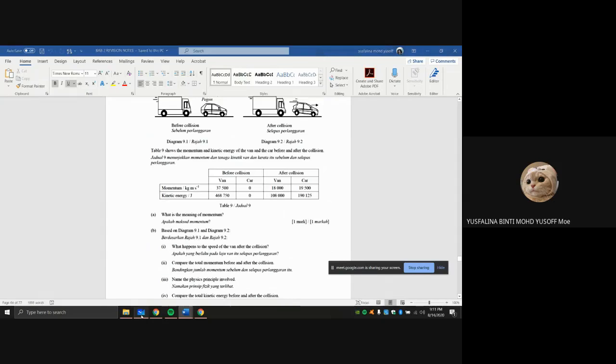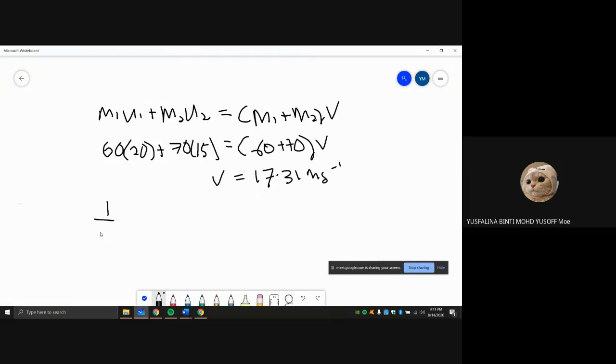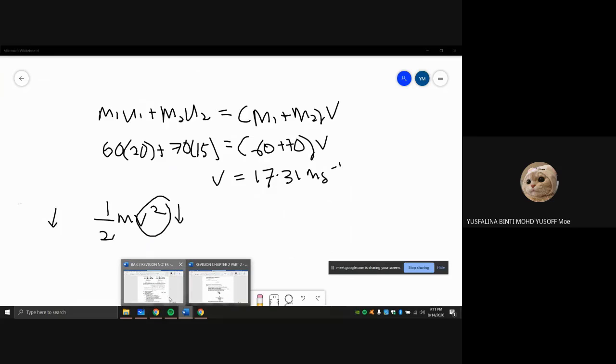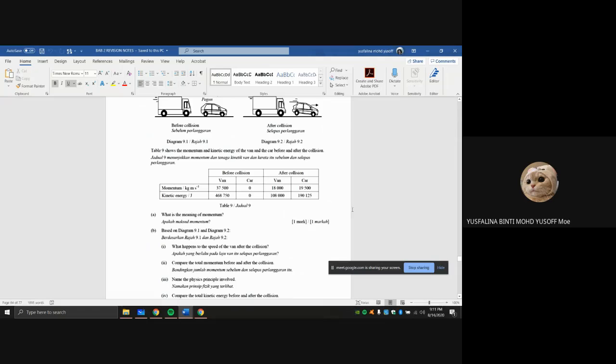Because the kinetic energy is half mv squared. So if the speed decreases, the kinetic energy also decreases. In the question given, you already see the kinetic energy of the van before and after collision decreases, right?